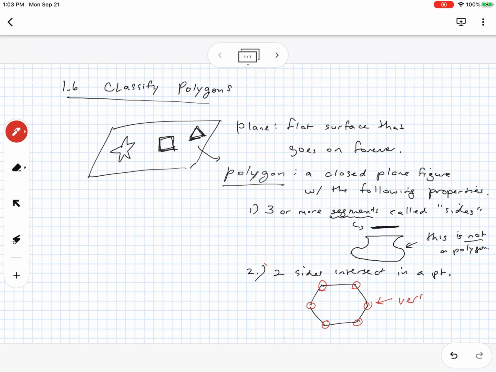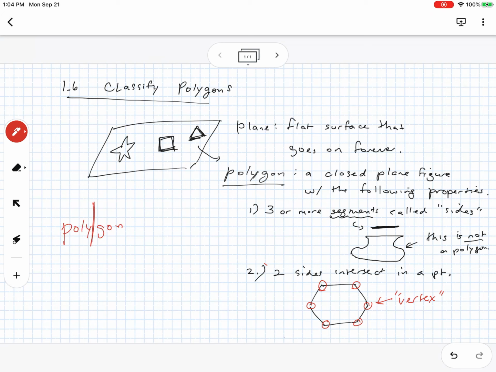Each one of these is called a vertex. So this shape has 6 vertices, okay? All right, so that is an intro to polygons.